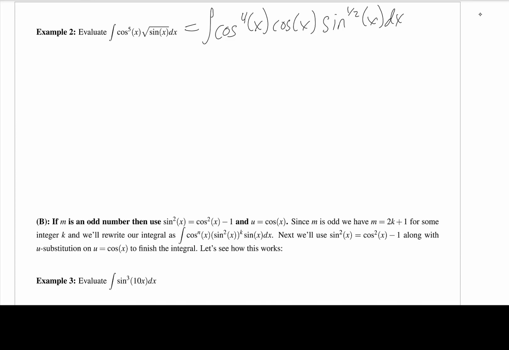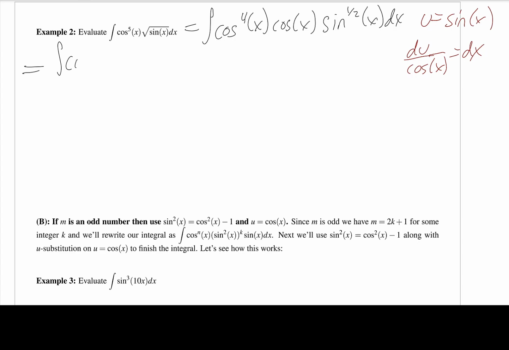Now I'm going to still use u equals sine of x, and I'm going to consolidate this all into one step. So u equals sine of x, du over cosine x equals dx. Now what I'm doing here is rewriting this cosine to the fourth of x.